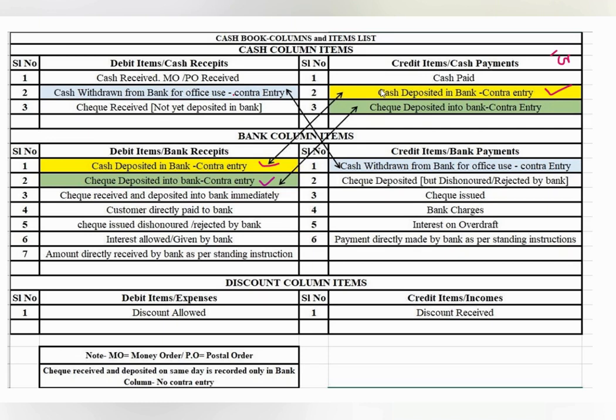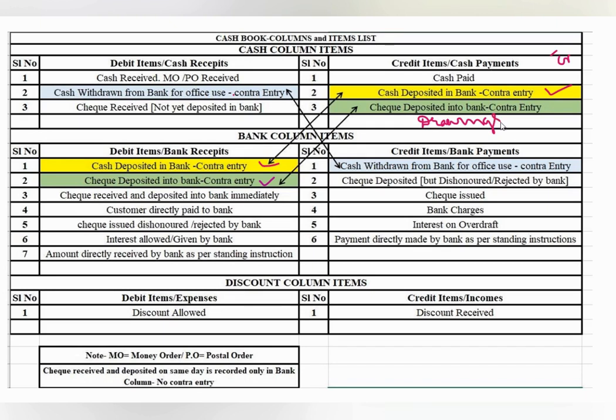contra entries. And remember that if we are withdrawing the cash from the bank for personal use, or they may use the word private use, that is considered as drawings, which we need to record on the credit side of the cash as drawings, cash drawings.